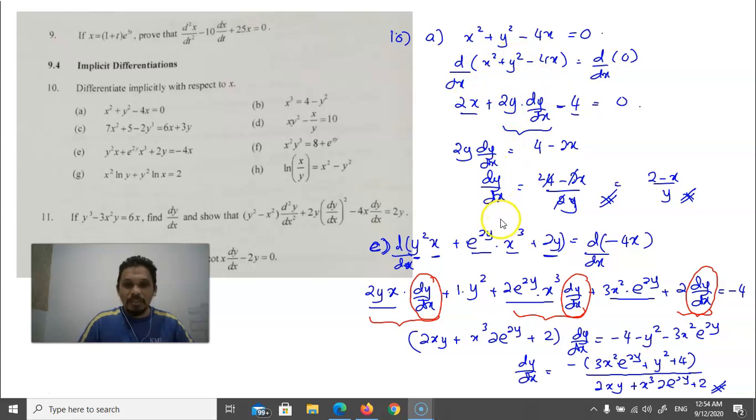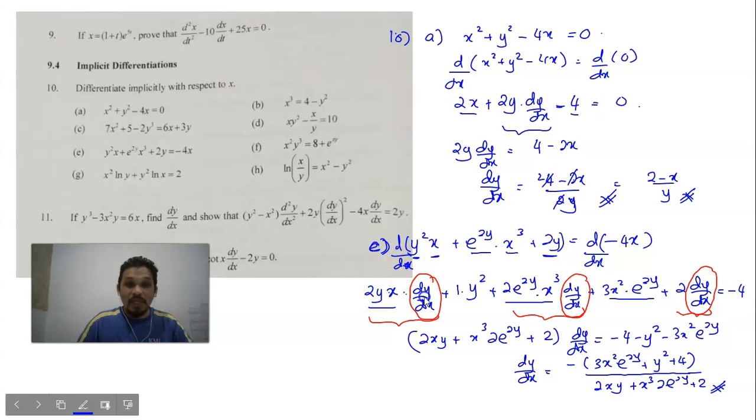Once you know all these things, you implement them in questions 11 and 12. If you differentiate a term with y with respect to x, derive it first, and then multiply with dy/dx. Derive everything first, like e to the power of 2y.